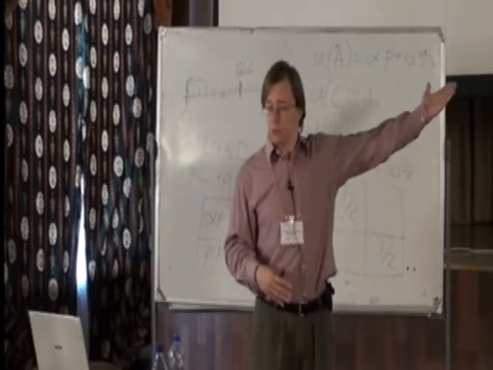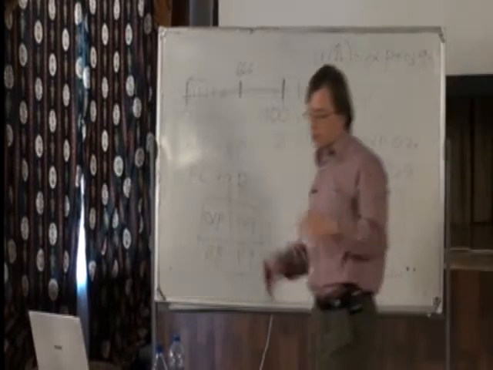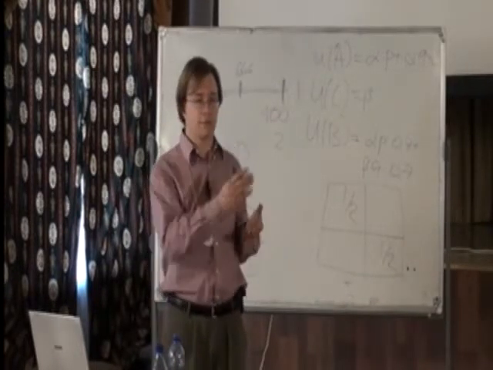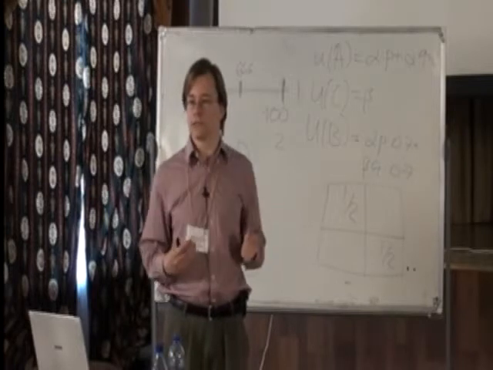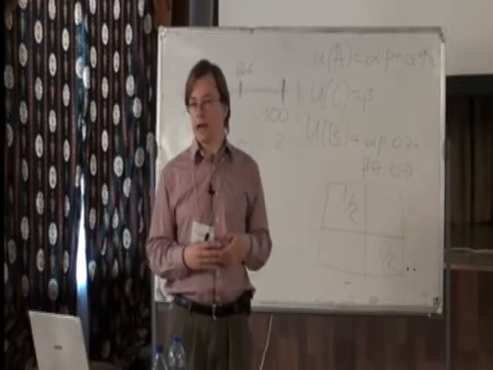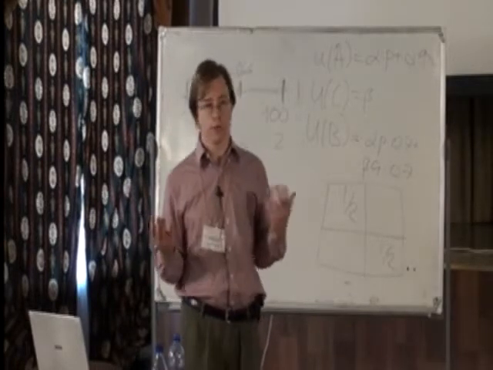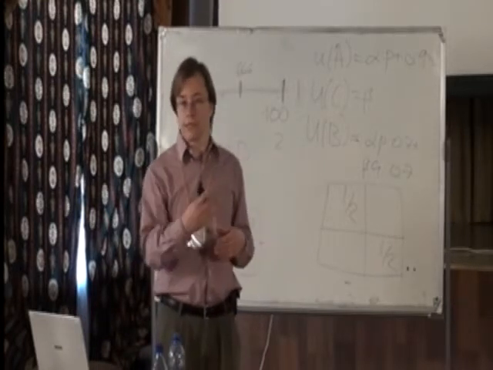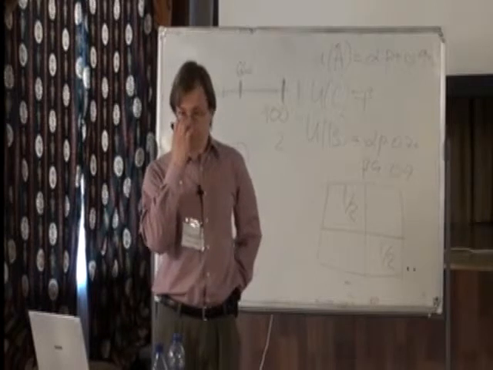So this is the game which we play all the time, the upper one. If you are in Australia, then you play left, the other player plays left, and we get a certain payoff. If you are in Russia, then you play right, the other player plays right, and we get a certain other payoff.